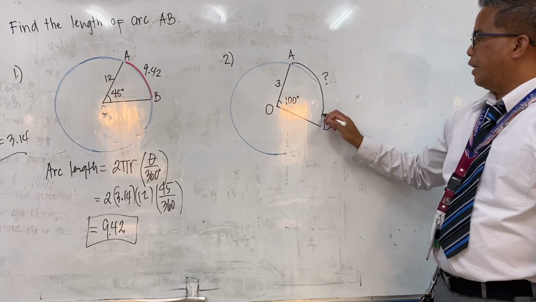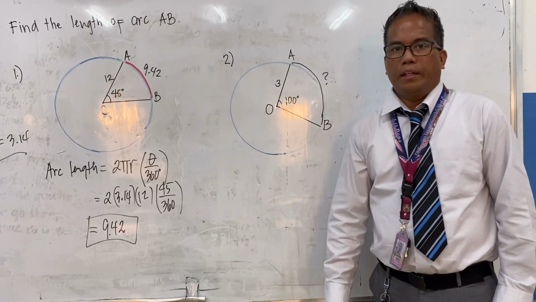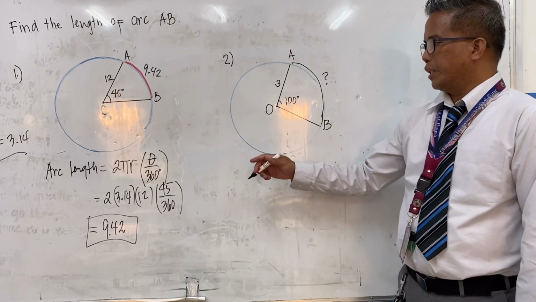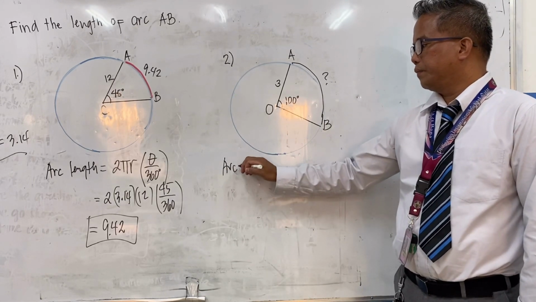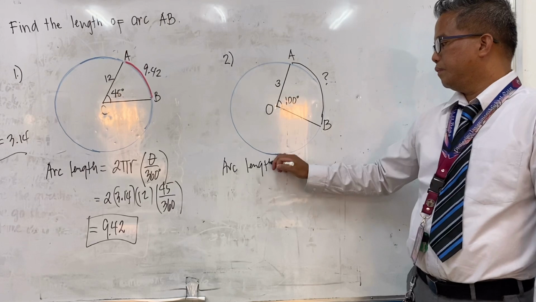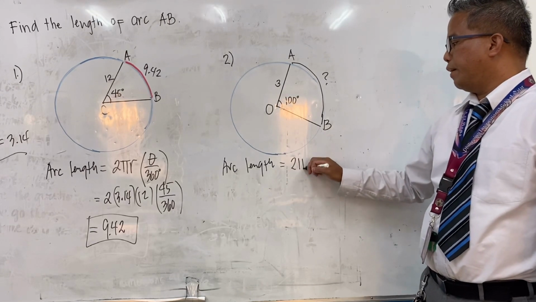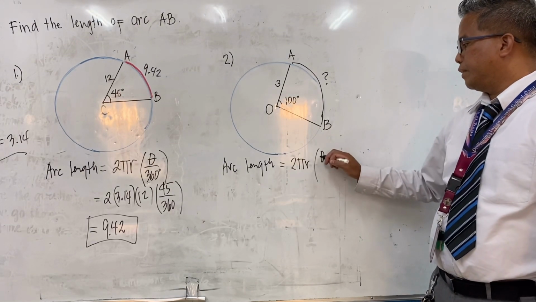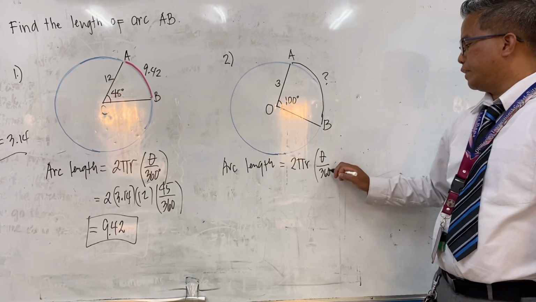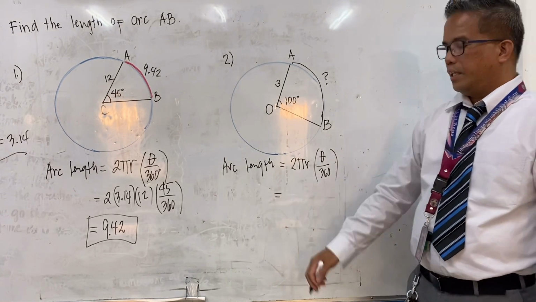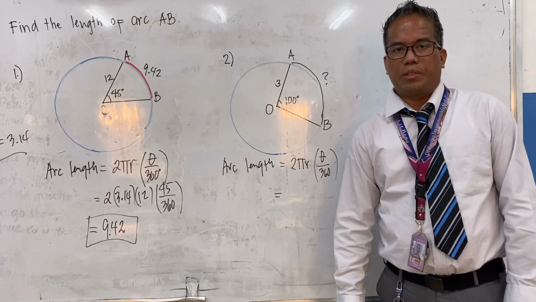Using the formula, arc length is equal to 2 pi r times theta over 360. Then substitute the given.